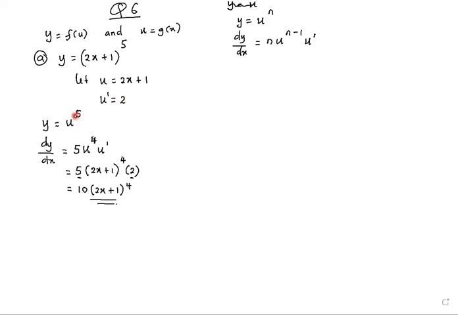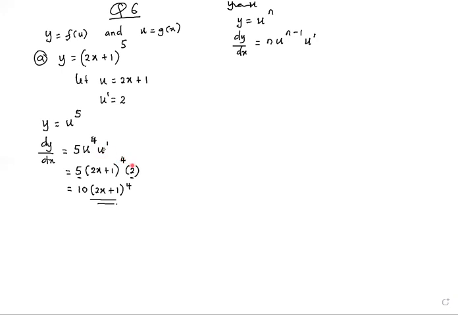Okay, so let's apply now the rule. So we drop 5, u power 4, and then u prime. Then we come back here and say, okay, what is u? So u is 2x plus 1, 2x plus 1 power 4.